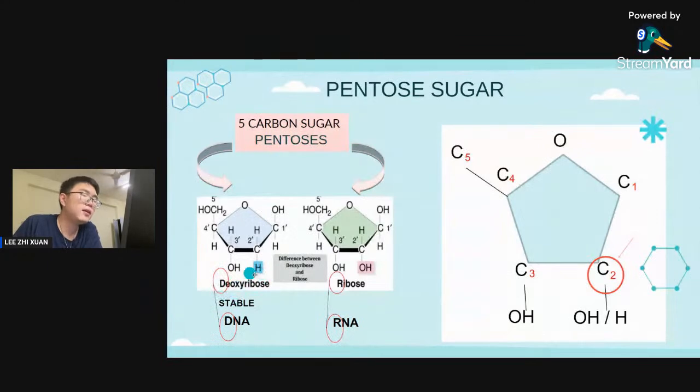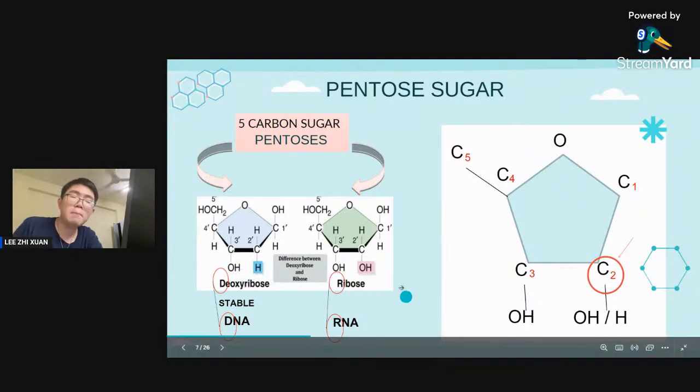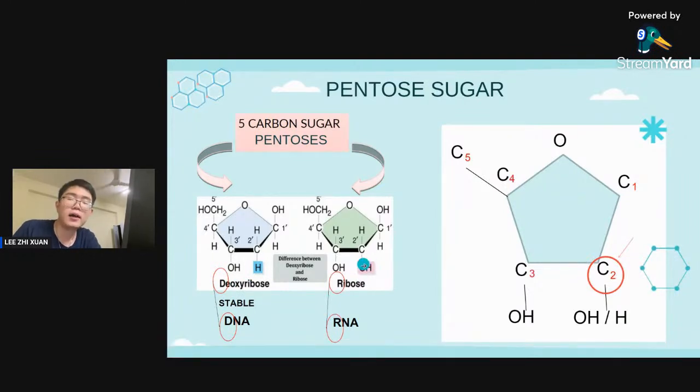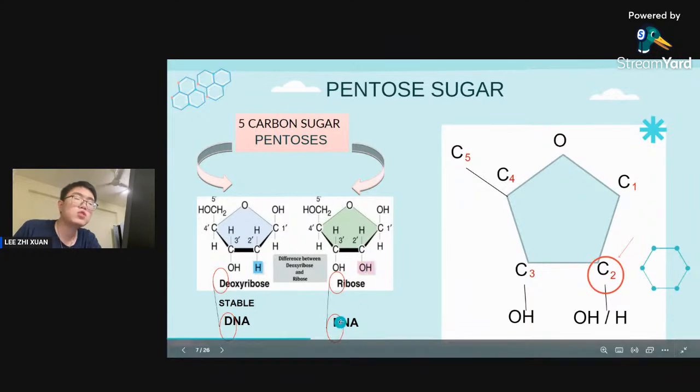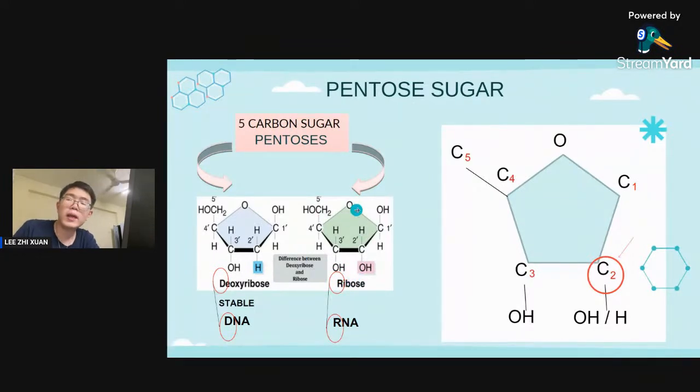Deoxy means that the C number two here does not have the oxygen atom. The oxygen is terminated there, no oxygen at carbon number two. But for ribose, it contains a hydroxyl group, so it contains an oxygen atom at carbon number two. That is why we call it RNA, ribose. This is the original structure of ribose.